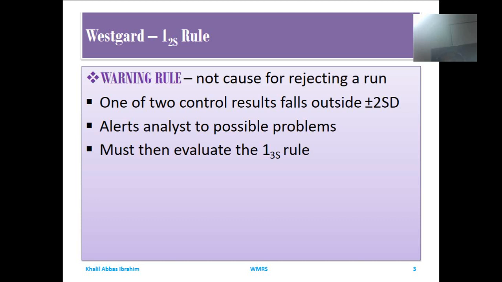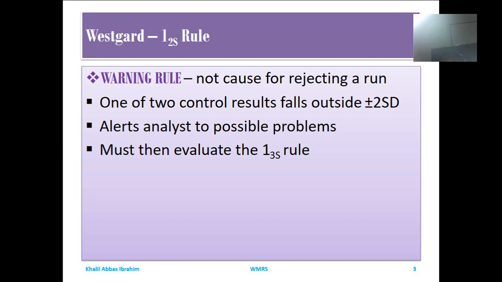But one of two control results falls outside plus or minus 2 standard deviation. One of two control results, because it indicates that the laboratory is using two control materials.